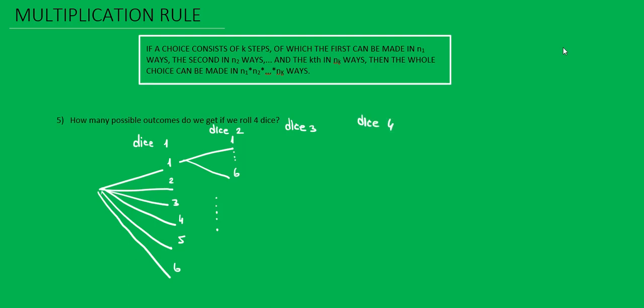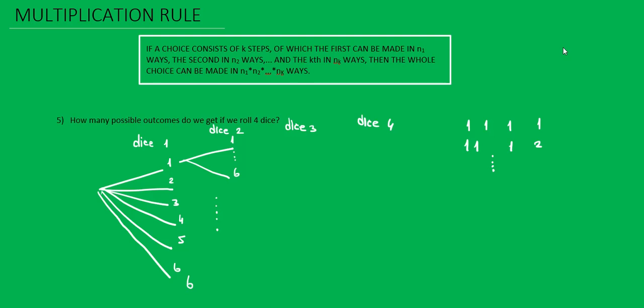So it would be quite difficult, we must agree here, to calculate the branches one at a time and to name the outcomes like 1, 1, 1, 1 and 1, 1, 1, 2, etc. So we're not going to do that. We can just say our choice consists of 4 steps if we refer to the multiplication rule. The first step can be made in 6 ways.